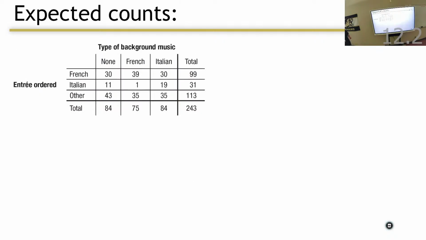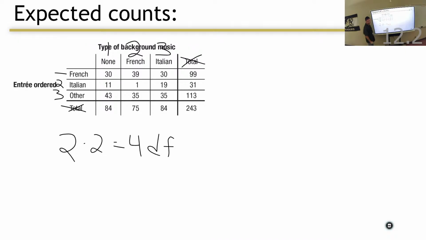Backing up: 1, 2, 3 rows. Don't count the totals. 2 columns. So DF is 4.